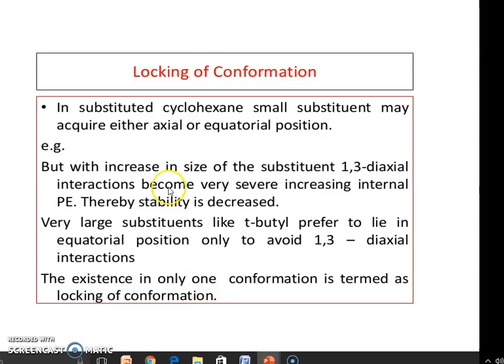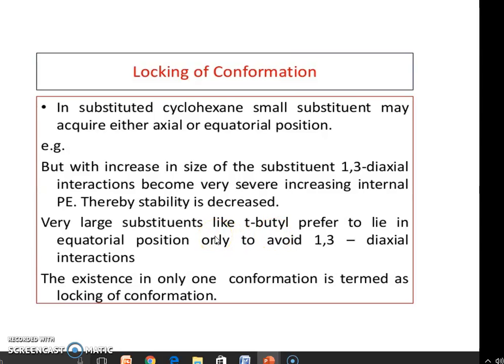By placing substituents at various positions, especially the 1,3 diaxial positions, we have examples of both a small substituent and a large substituent.